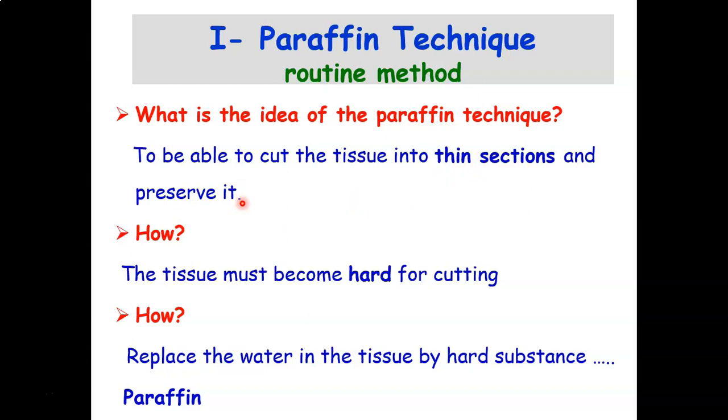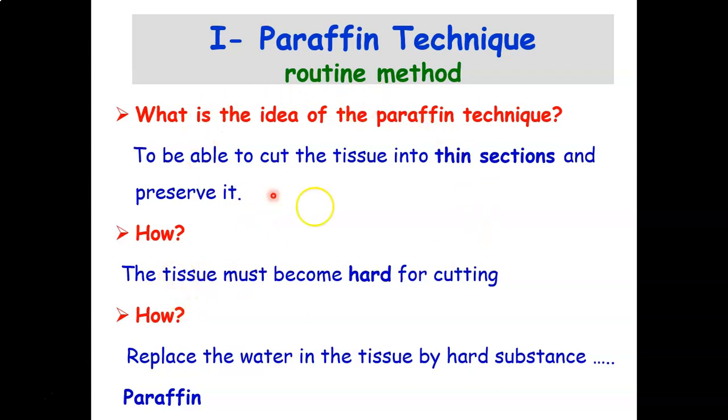If I give you a tissue and ask you to examine it under the microscope, you will say you can't, except if you cut it into very thin sections, preserve it, and finally stain it. Only by these three conditions can you examine the tissue under the microscope and start your histology study.